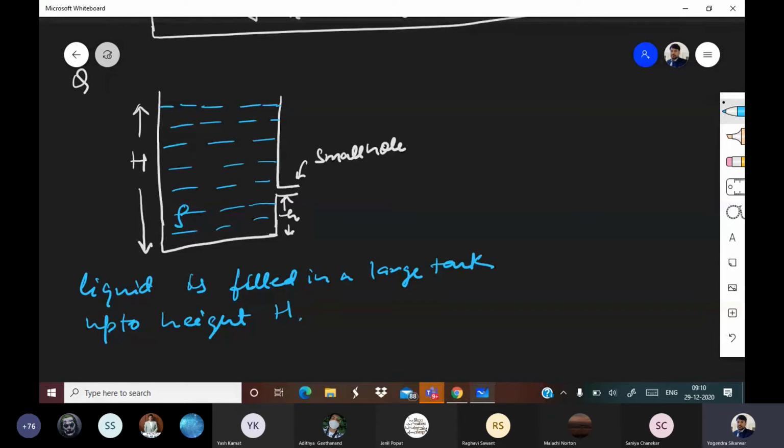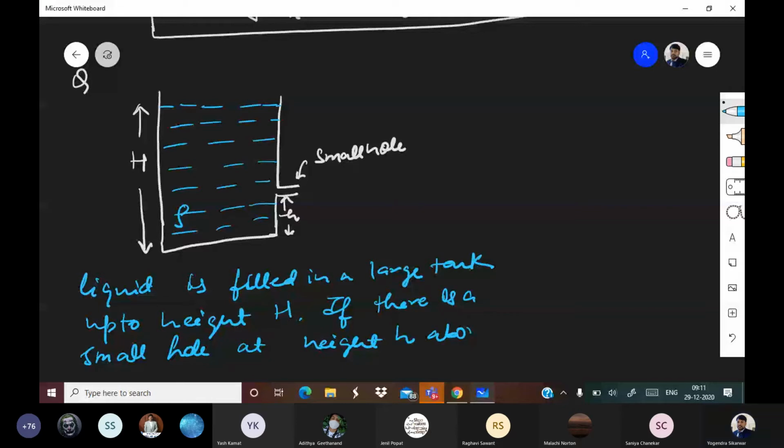If there is a small hole at height h above the bottom, find. And what you need to find, pay attention.